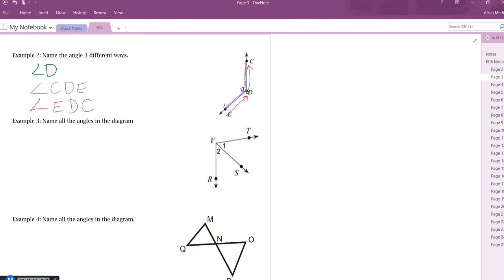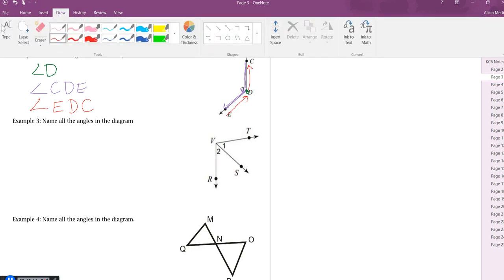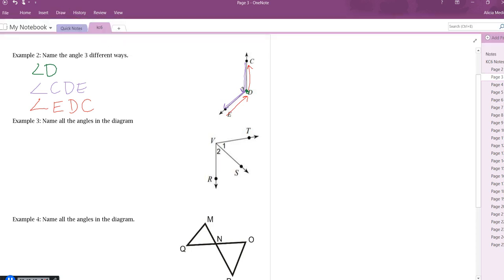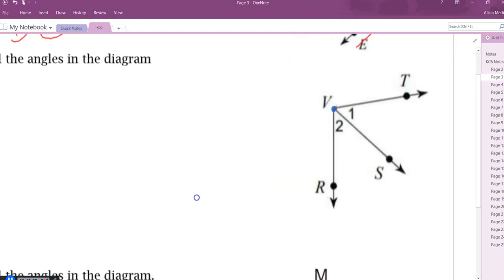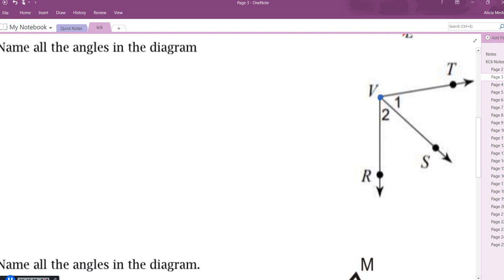All right, now example number 3, name all the angles in the diagram. Now, our vertex here is kind of in a special point because you see that this vertex is the connecting point of a lot of line segments, right? So because we have 3 different angles that the vertex can be at, we cannot say angle V. So I'm gonna just go ahead and kind of zoom in here so I can write, and it looks a little bit clearer here.